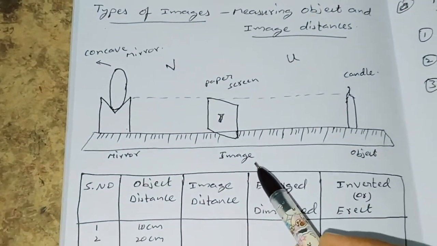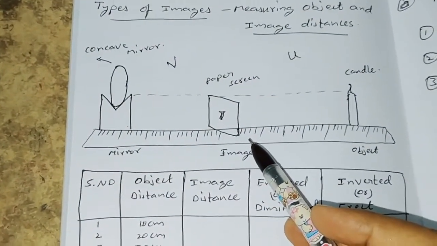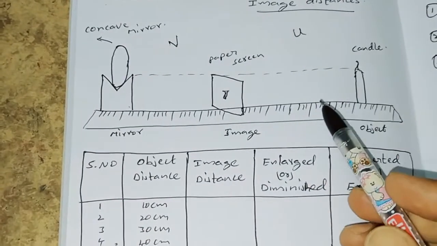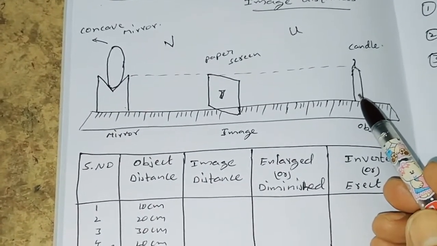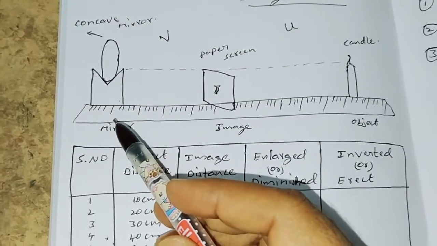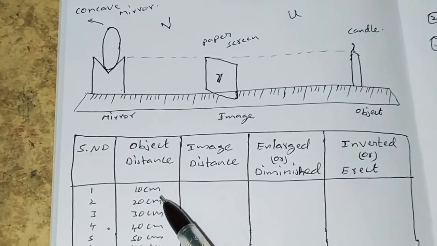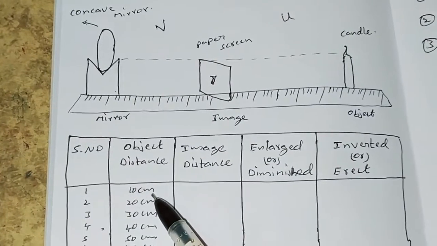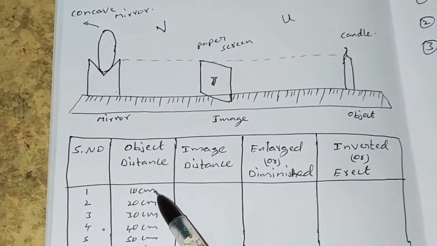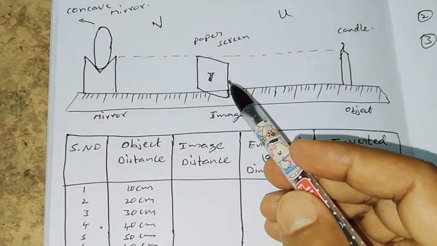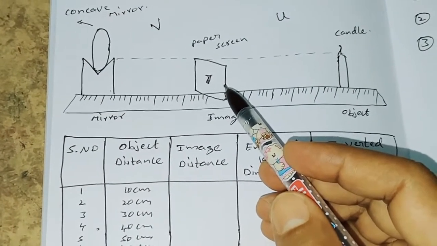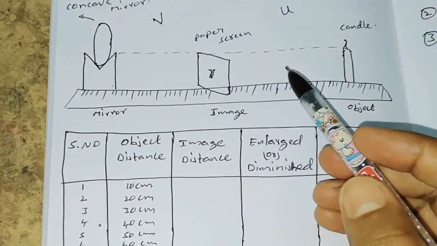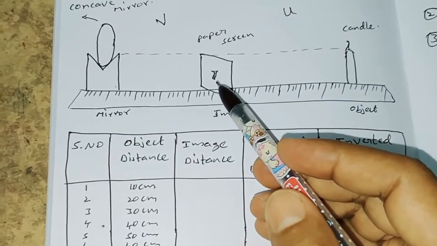So what did I say? In the first step, you have to keep the candle at a distance of 10 centimeters from the mirror, so the object distance is 10 centimeters. Then you have to adjust the paper screen till you get the perfect image of the flame on the paper.